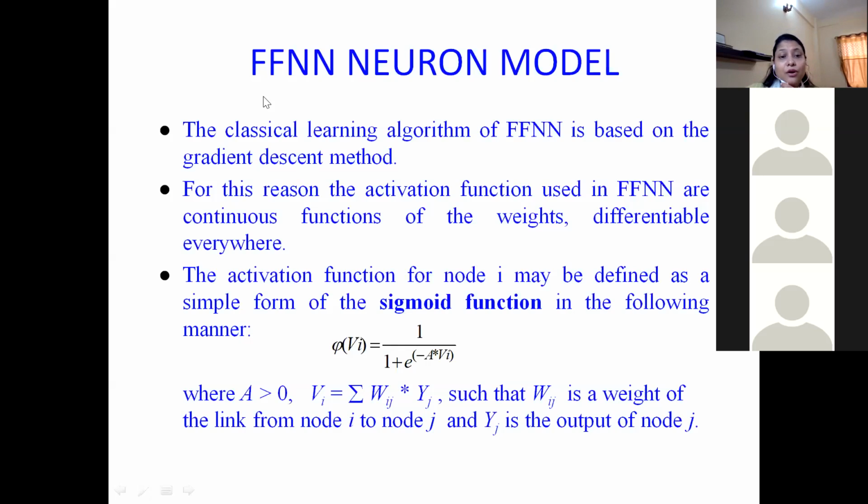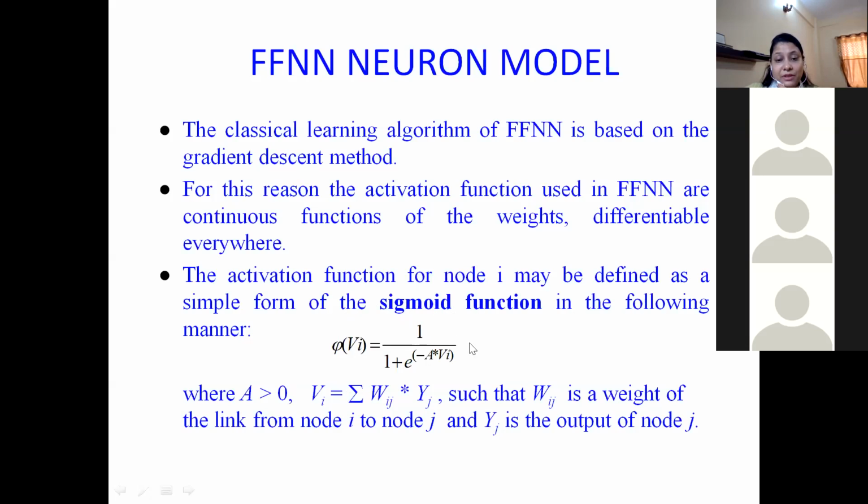So what kind of representation does this activation function hold? For a particular node, let's say i, it is defined as a very simple form of sigmoid function.